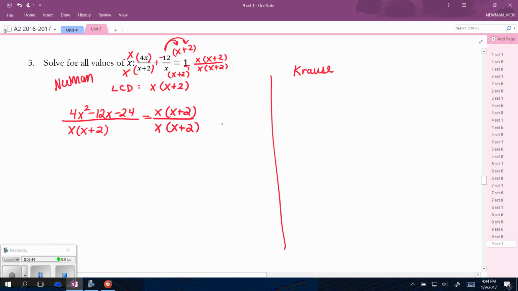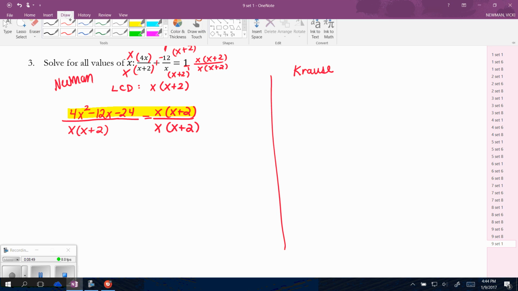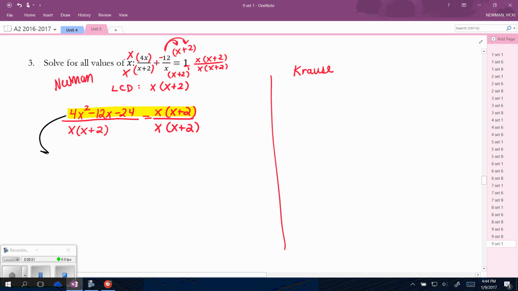Once you have the denominators equal, you can set the tops equal. So go to the next line. Remember, don't cross out denominators. 4x squared minus 12x minus 24 is equal to x squared plus 2x.